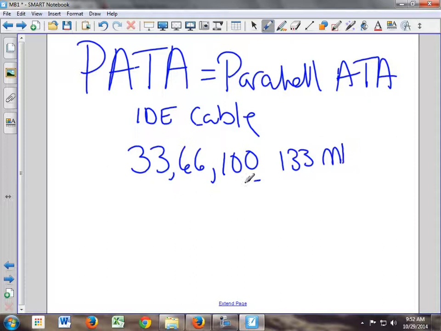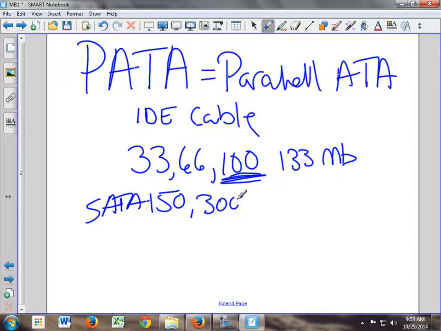But this is what most of them were. So if SATA started at 150, then 300, and now it's 600, we're talking about 6 times the speed over a normal PATA device, which is why we spent a lot of time last year getting rid of every PATA hard drive in the school.